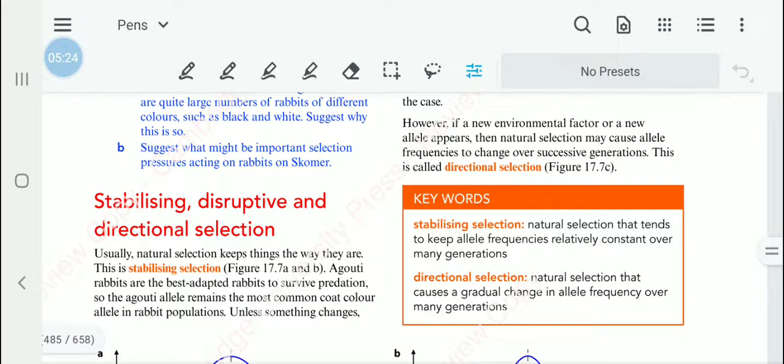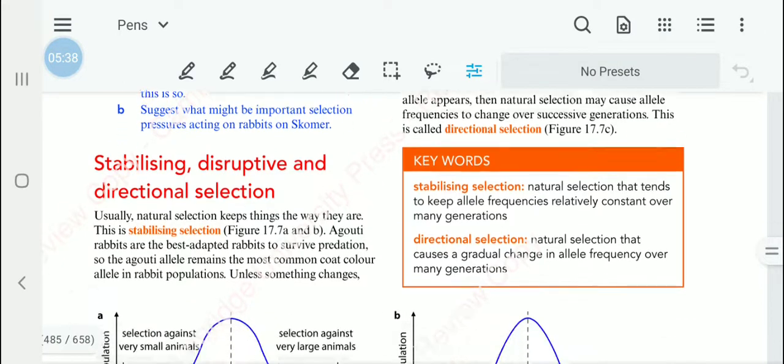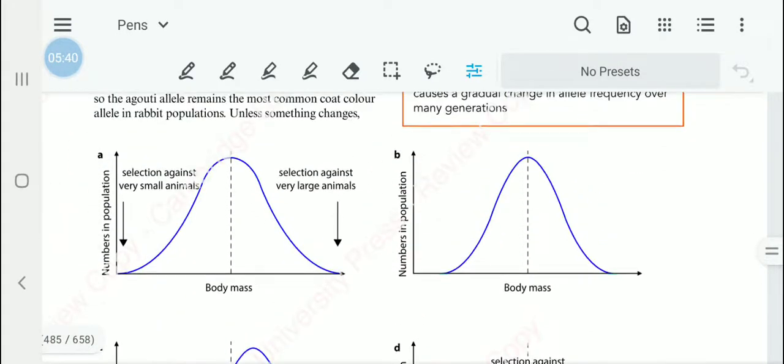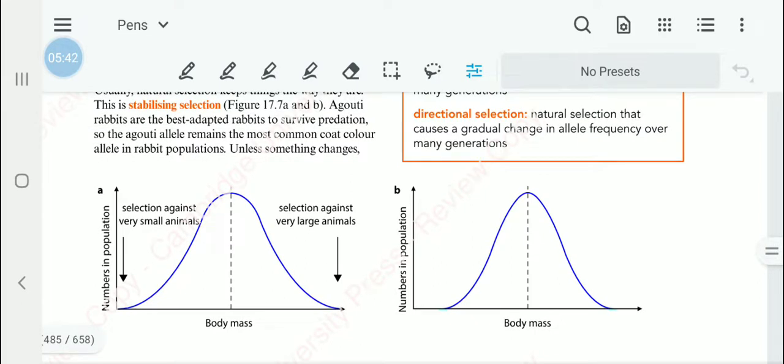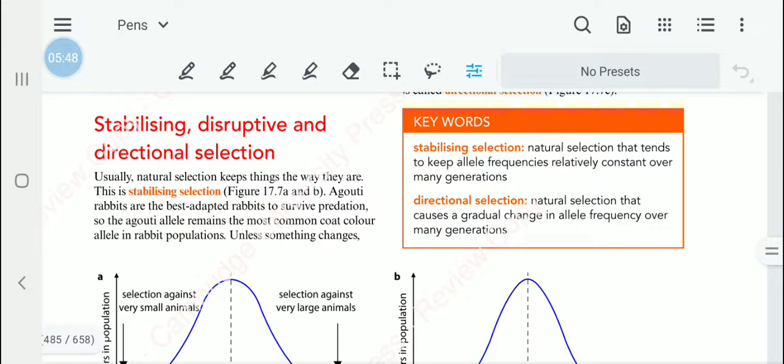Usually, natural selection keeps things the way they are by keeping the allele frequencies relatively constant over many generations. Please draw this first one. This type of natural selection is known as stabilizing selection.